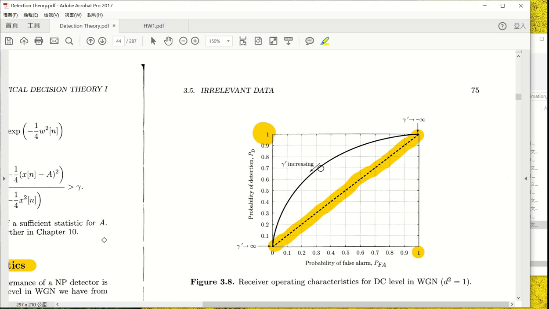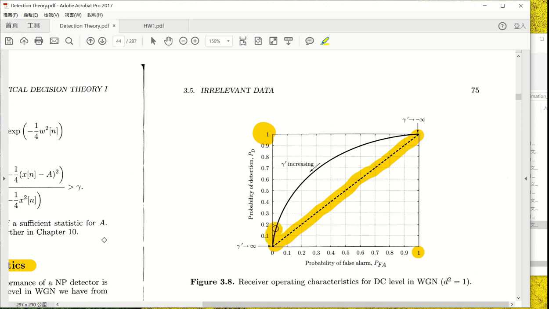And the other thing is, if you make gamma prime go to minus infinity, it's very easy for you to make a decision for H1, and then vice versa. Your PD is very high because for each H1 instance, you make a decision for H1, so you are making good PD. At the same time, very very bad PFA, which means PFA approaches 1. That is not good.